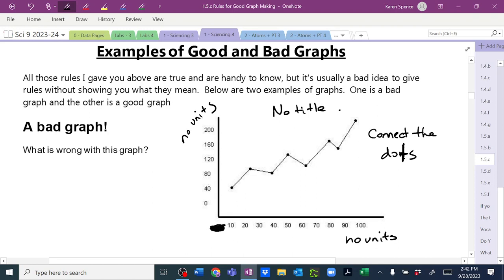Yeah, there's no quantity label. Alex? Yeah, what is this 0? Why is the 0 up here?